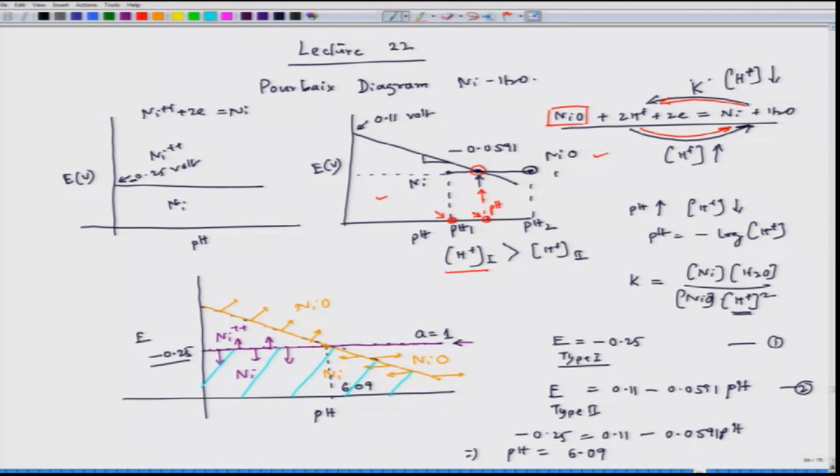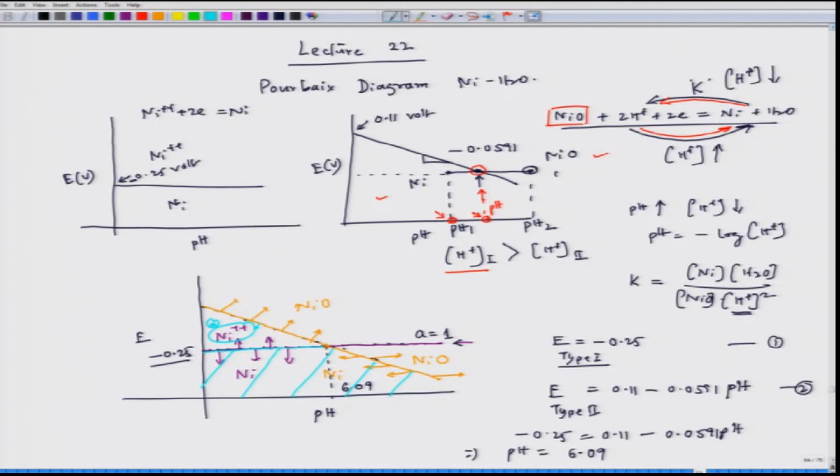But if we consider this zone, on top of this particular line we see that Ni plus plus is stable, and below this line we should see Ni, but actually the Ni plus plus stability line indicates that this region should be Ni plus plus.